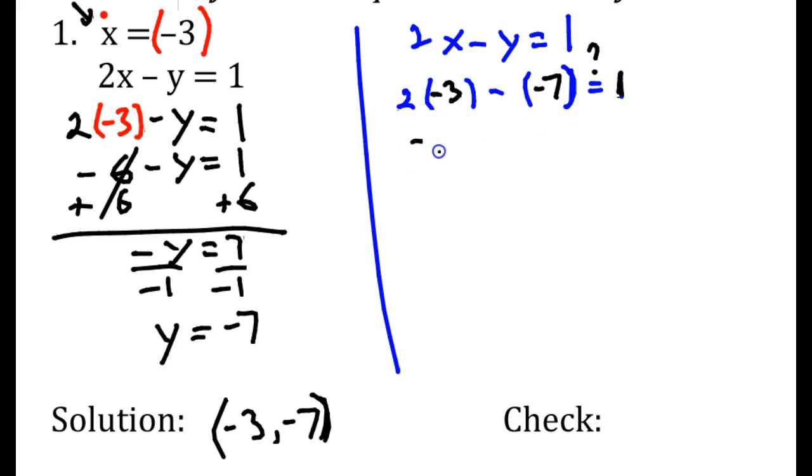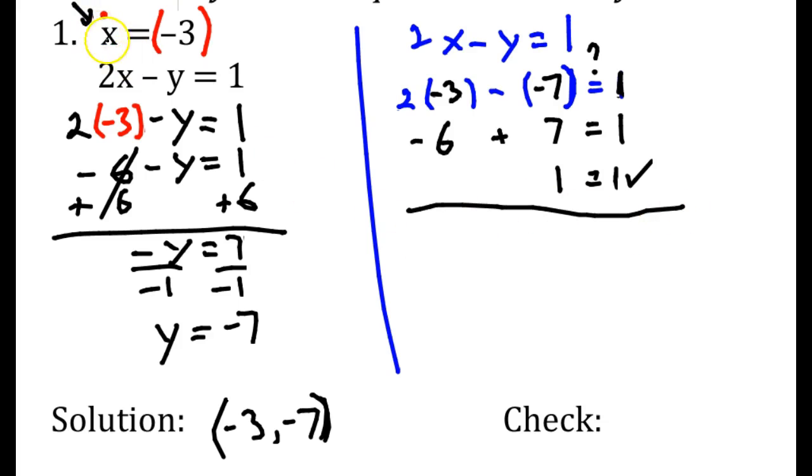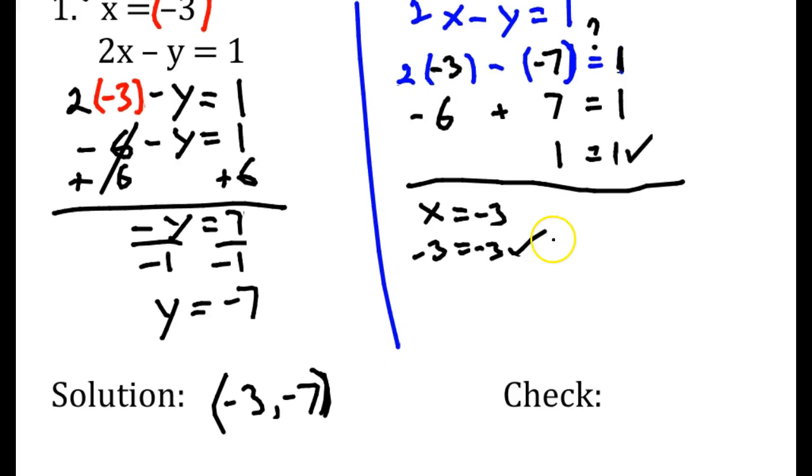So you just go through the arithmetic and make sure that you get the same thing on both sides, and that's your check. Now you should do a check with both equations, but this first equation is just x equals -3. So if you plugged in -3, it's pretty much immediate. You've got a check. So not a whole lot there.